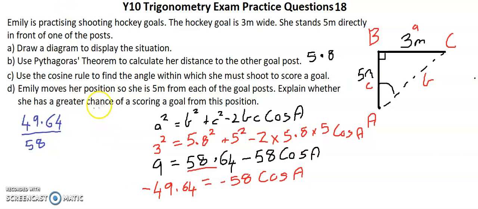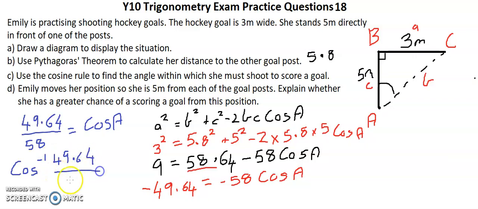But I know it equals cosine a. This is where we need to use the inverse of cosine. So cosine to the power of negative 1 of 49.64 over 58. And that gives us our angle of a. So my angle, I've rounded up to 31 degrees.